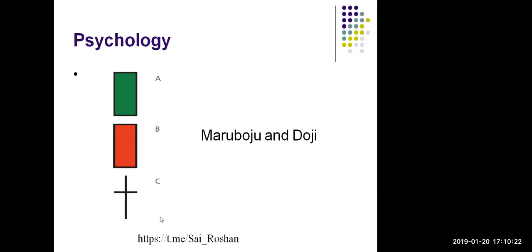And the third category is called a doji pattern. Here you can see where it opened, it went to a particular point, you can see the top end of the wick, and then it went down, you can see the lower part of the wick. At the end of the day, it closed at the same price as it opened. So what does it mean?